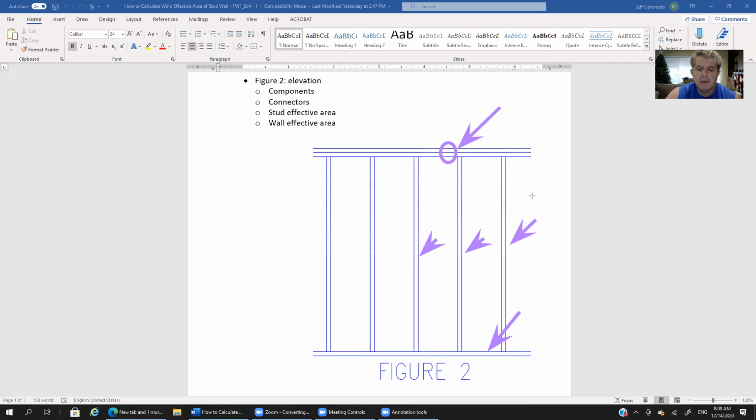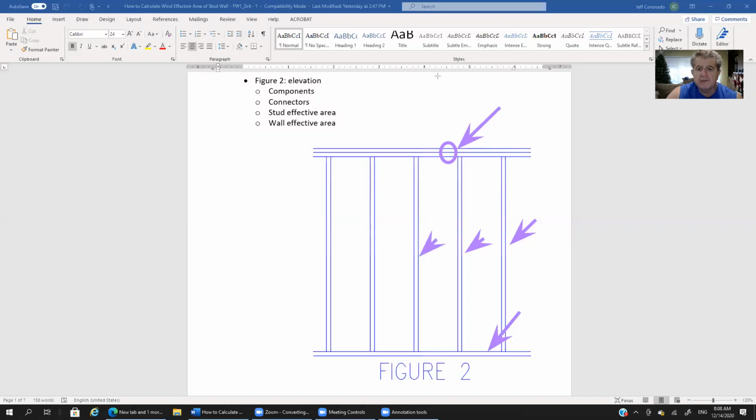You might see that in a real short interior wall. But even in short interior walls, I think it's customary to frame it with a double top plate, not just a single top plate. So there's our double top plate.